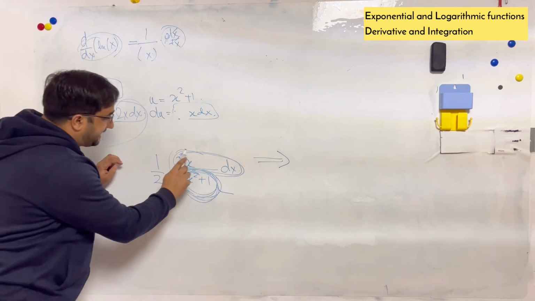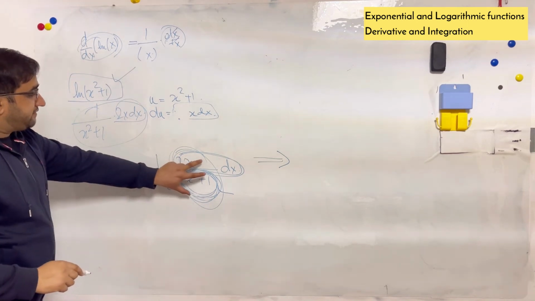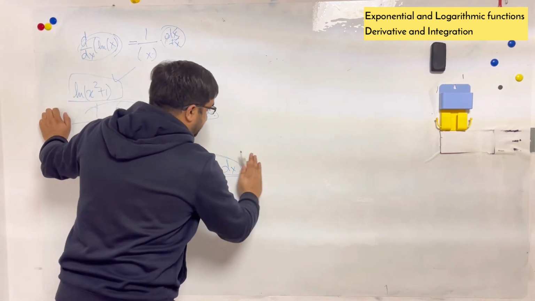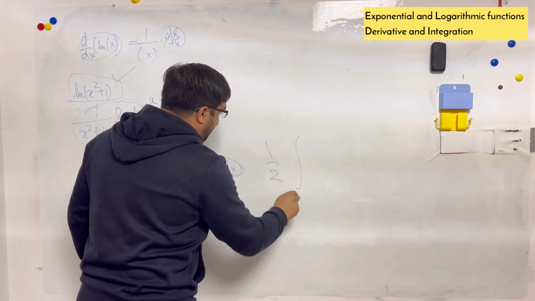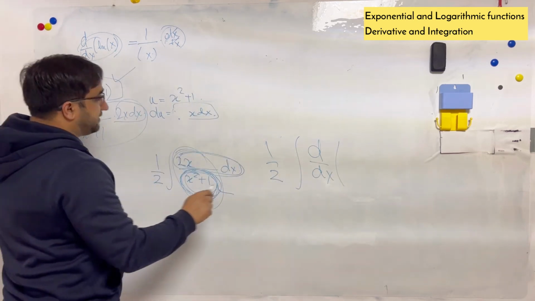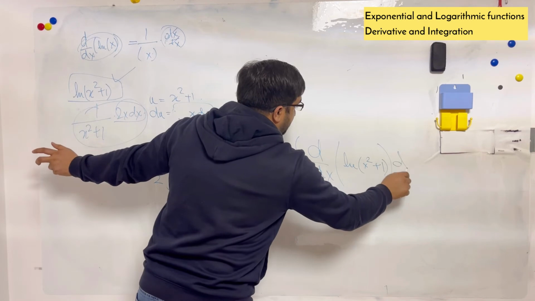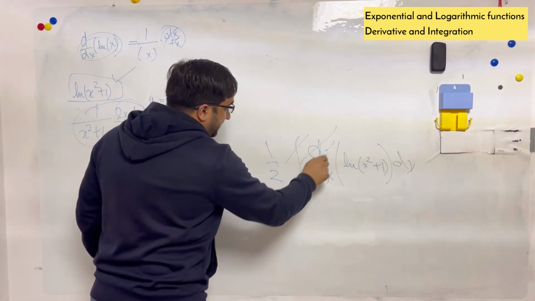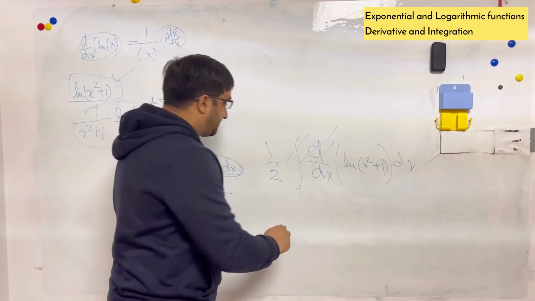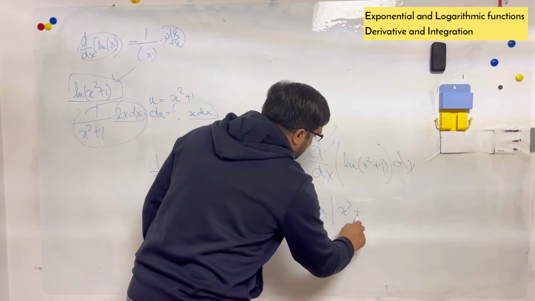So this is a perfect derivative of the natural log. Then replace: 1 by 2 integral of the perfect derivative of ln of x square plus 1 into dx. Now these two cancel because a derivative is the inverse process of integration. So the answer is 1 by 2 natural log of x square plus 1.